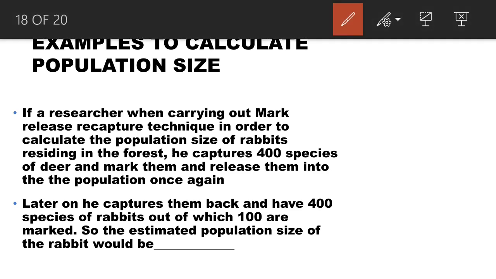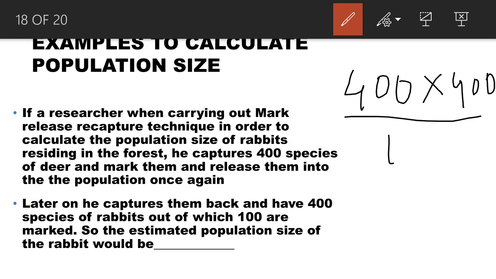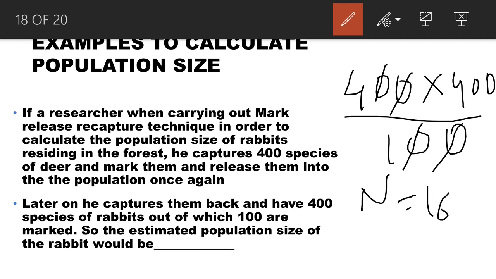So let me show you. 400 is my first sample, then 400 is my second sample, and here you can find that 100 are marked. So easily I can have the calculation, and n becomes 1600. So I hope now the things are clear to you all.